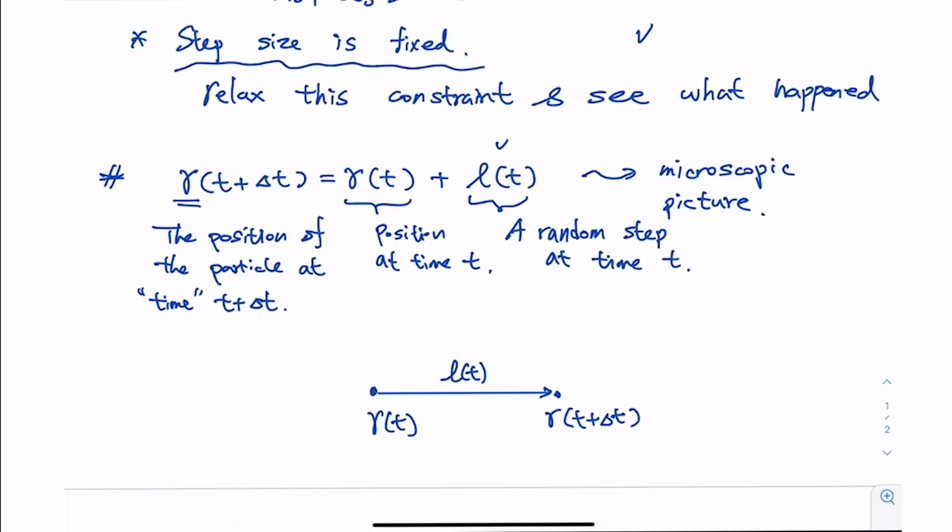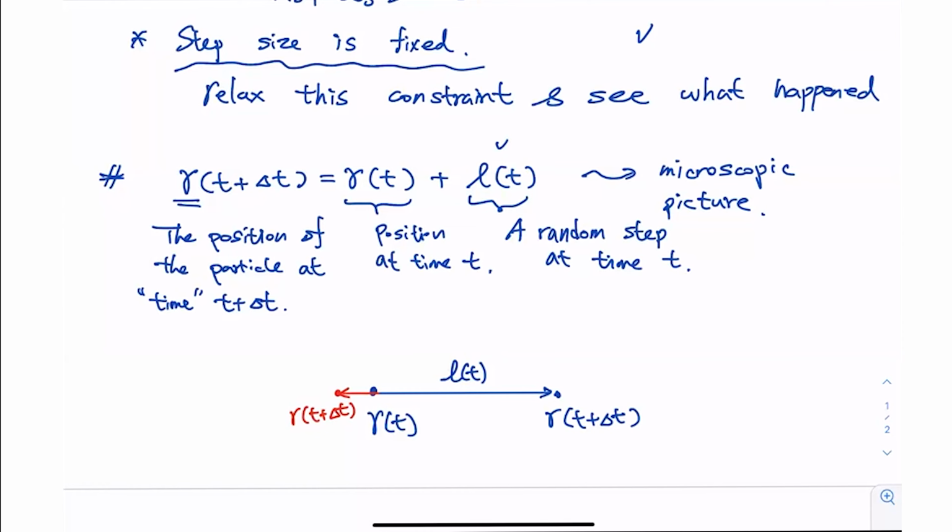If it is a very tiny L, it is very small, and it can also move in the opposite way, because we don't specify the direction of this L. So if it is moving in the opposite way with a relatively small random value, then r of t plus delta t will be in some other place.